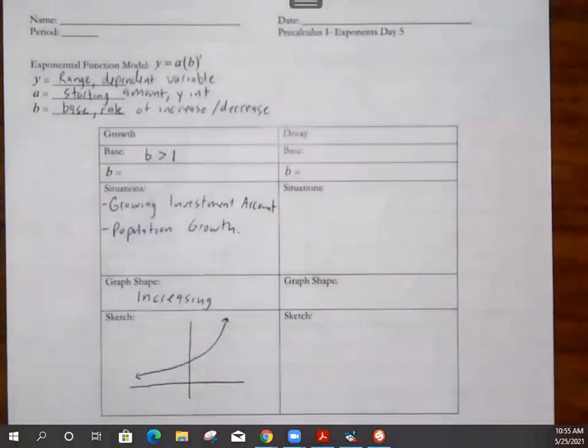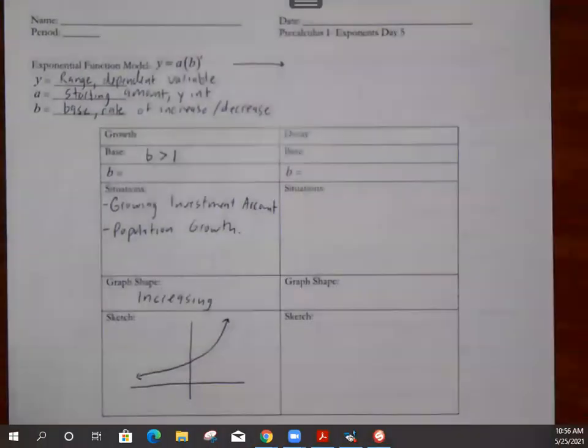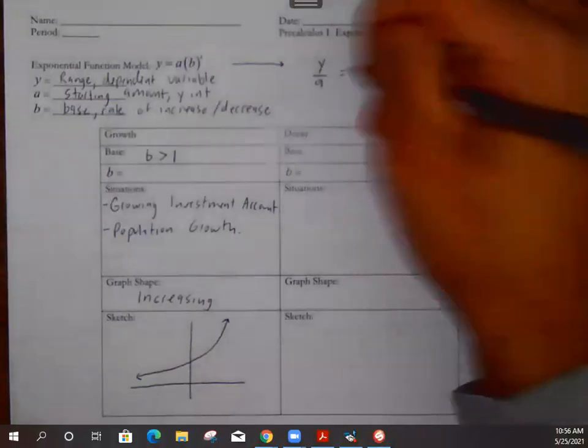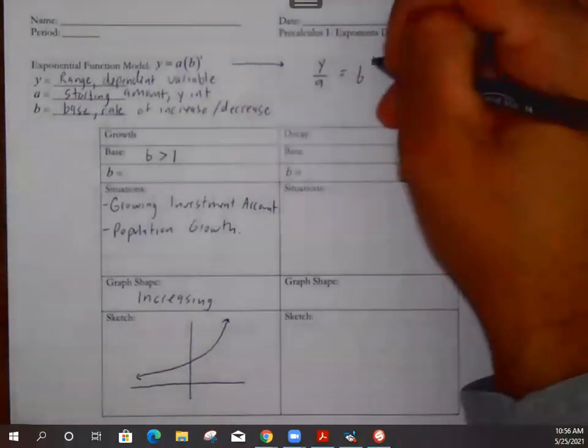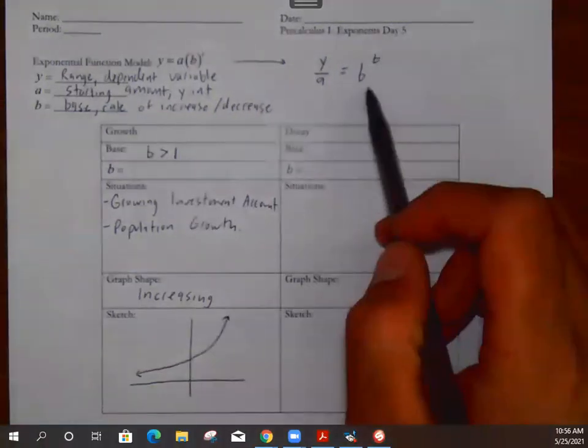All right, and b equals, so that would be if you ever had to solve for b, we could divide both sides by a, and then we have y over a equals b to the t power. And let's say we were trying to get b alone.